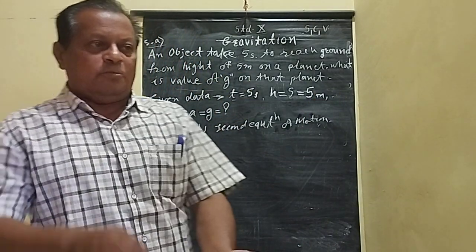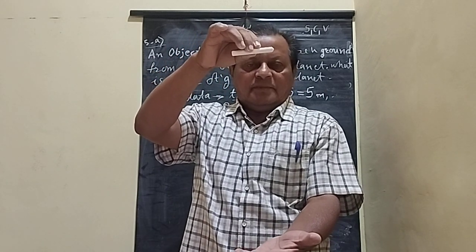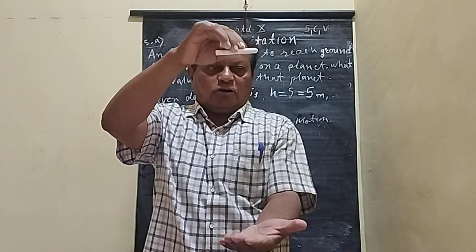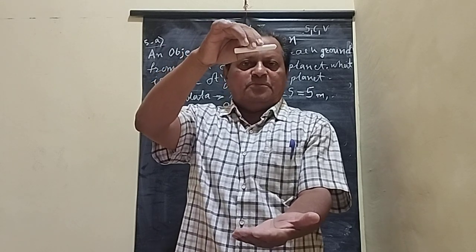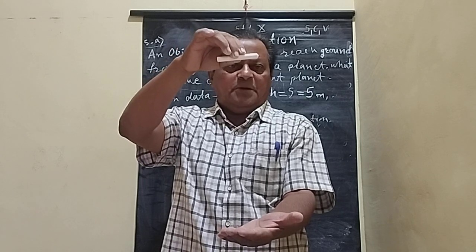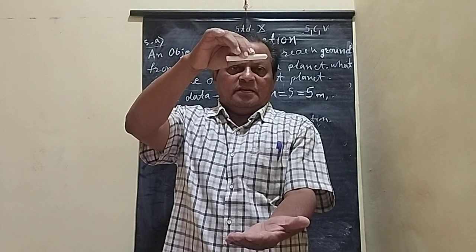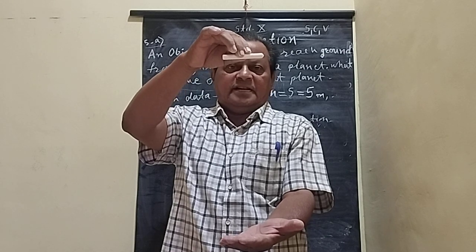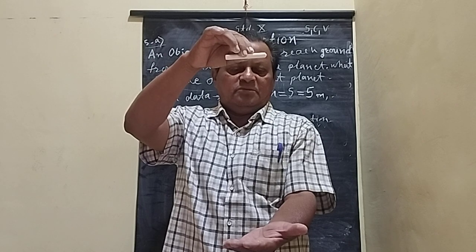Now, when an object is in free fall, that object falls under the influence of gravitational force only. You know that. So here is a chalk in my right hand, and this chalk I will release now.